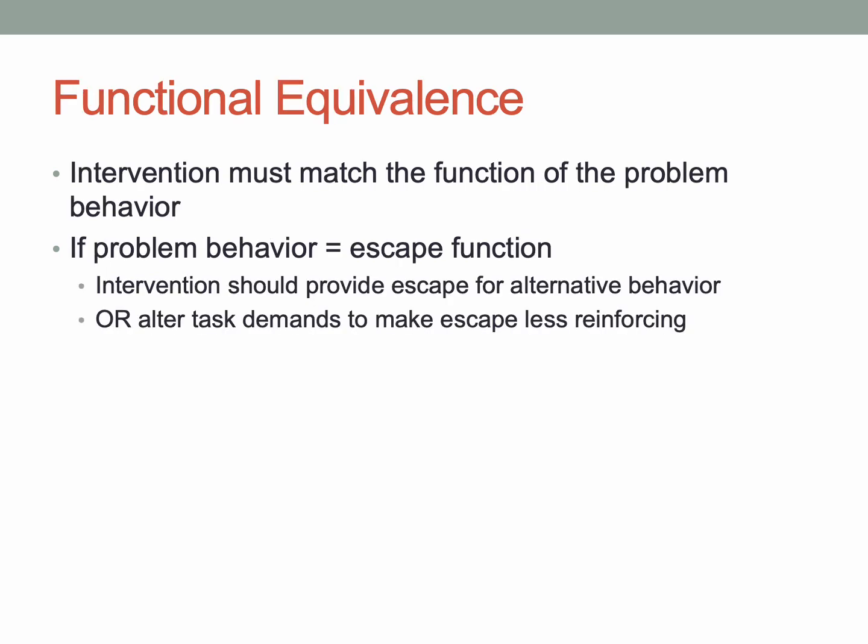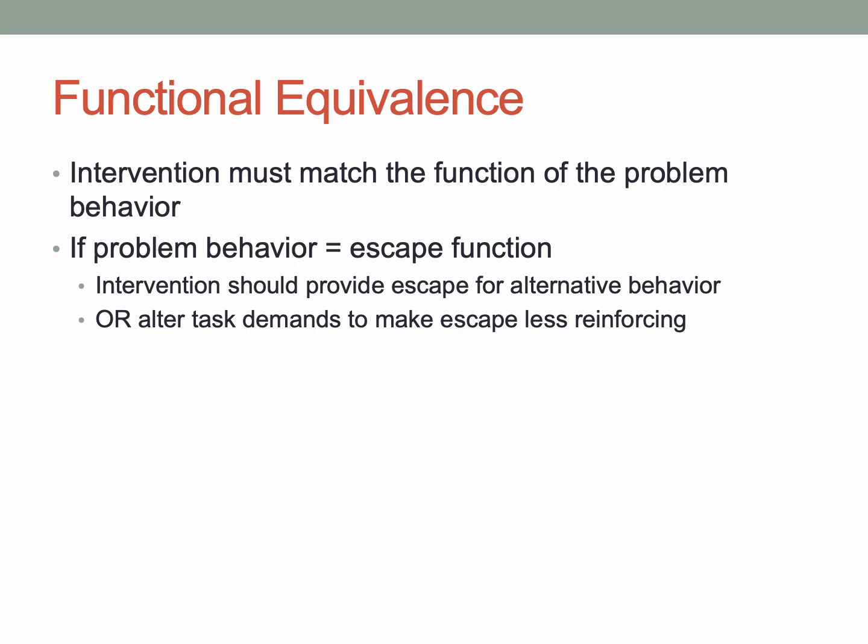When you choose an intervention, the intervention must match the function of the problem behavior. For example, if the function of the problem behavior is to escape from the situation or the task, then the intervention should provide escape for alternative behavior.